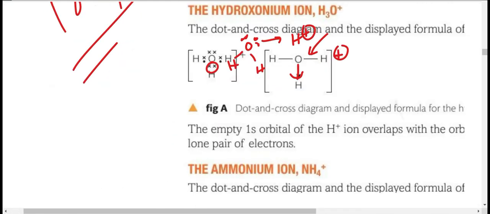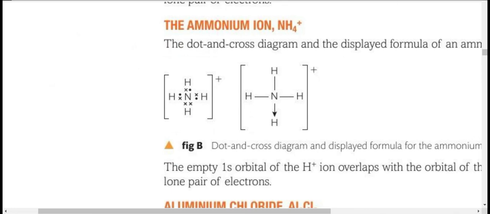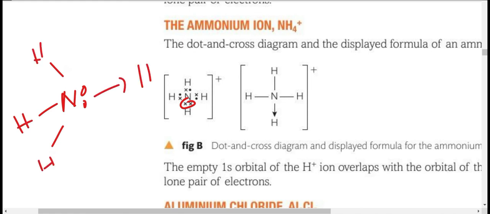The same dative covalent bond can be seen in the ammonium ion formation. You can see this is dative covalency. In the same way, nitrogen was offering a pair of electrons. You can draw it in this way for your convenience. It's offering a pair of electrons to a proton, H positive, and then you get this sort of structure.